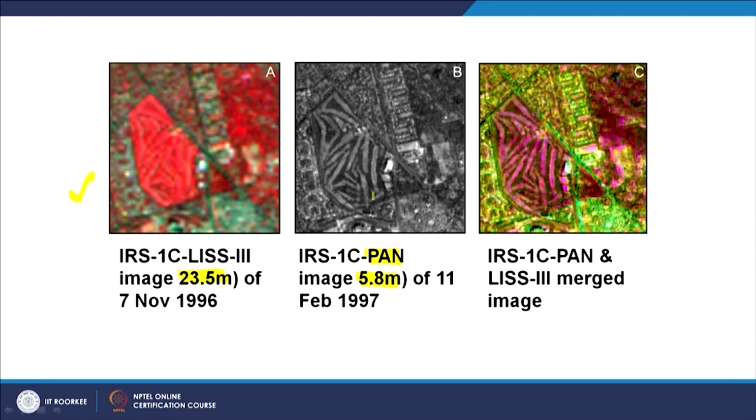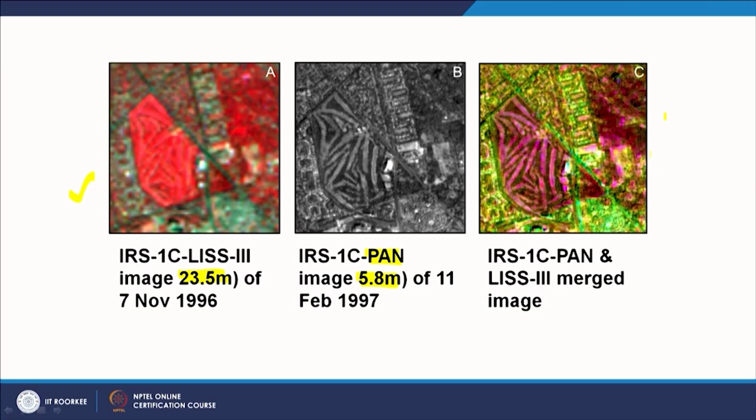And when we go for the merged image, you can see that the image has become colored, and all those golf holes which were not visible in the FCC image are also available here. So the spatial resolution has come from the pan image, and the spectral resolution has come from the MSS or LISS 3 image, and then we get a new product. So this is how we can take advantage of this.